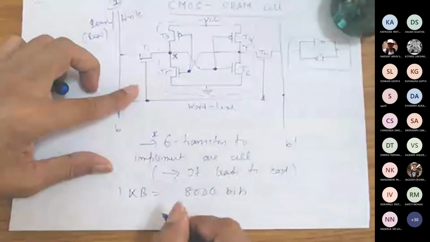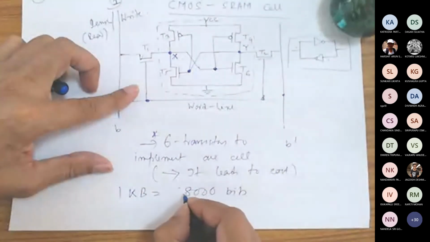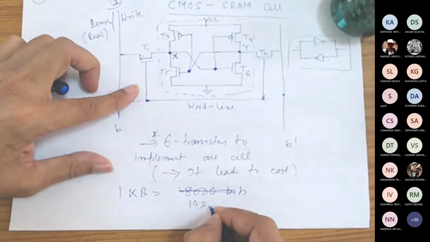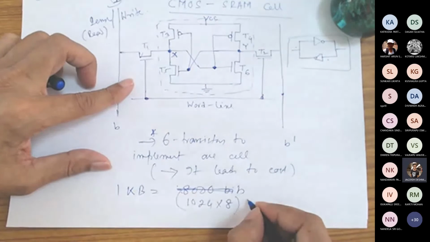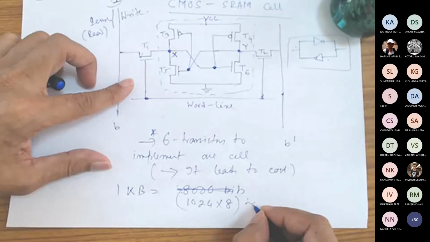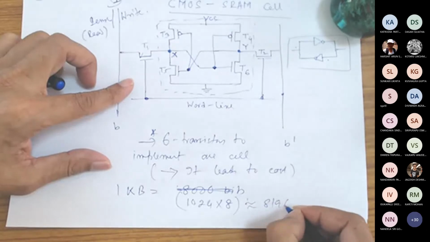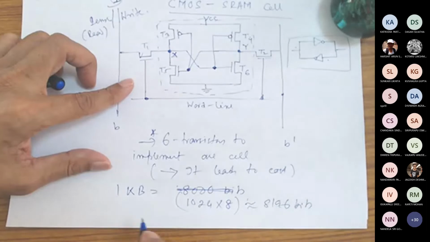Am I right? Sorry, 1 kilobyte, na? 1024 into 8, approximately 8,000. That's why I wrote 8192 bits.